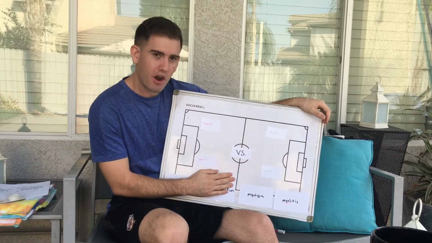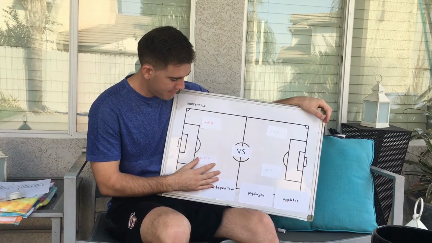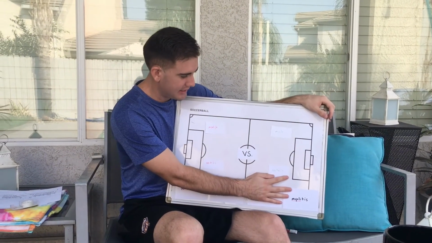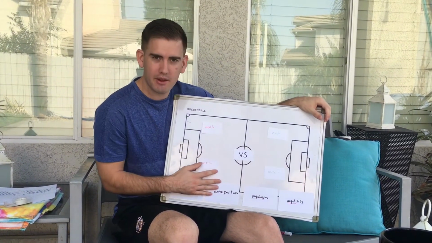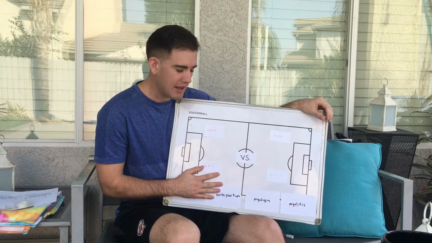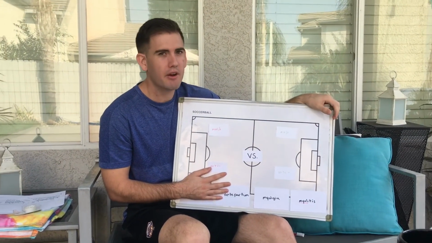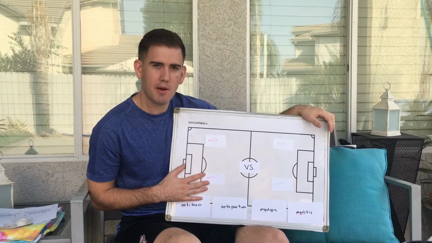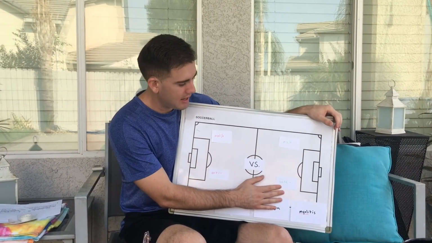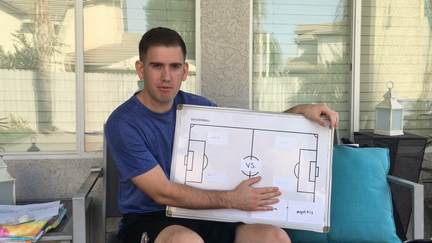Now let's go over our other team. Here we have anti and ante. Although they only have one different letter in them, they're very different. You might think they're similar, but they're on opposite teams. Anti here means opposed or against, and ante means before.